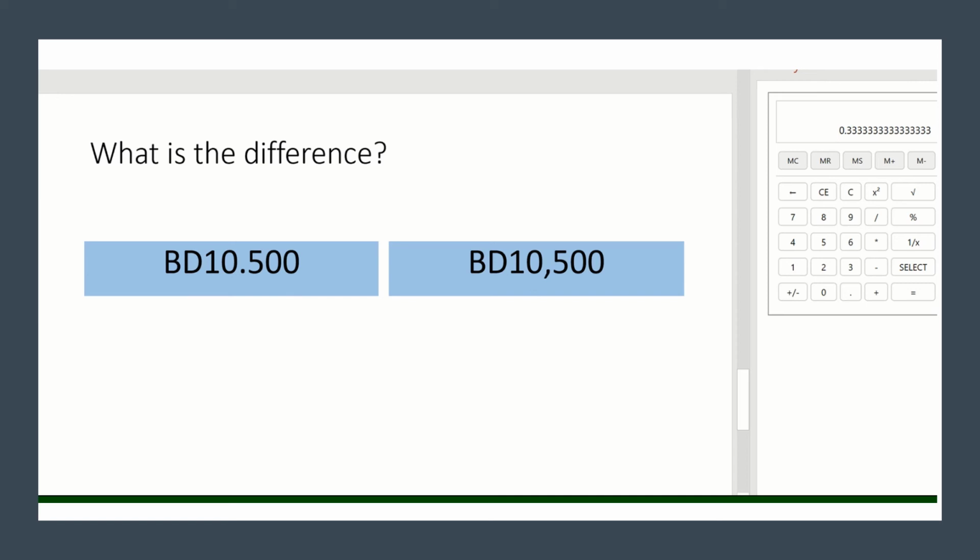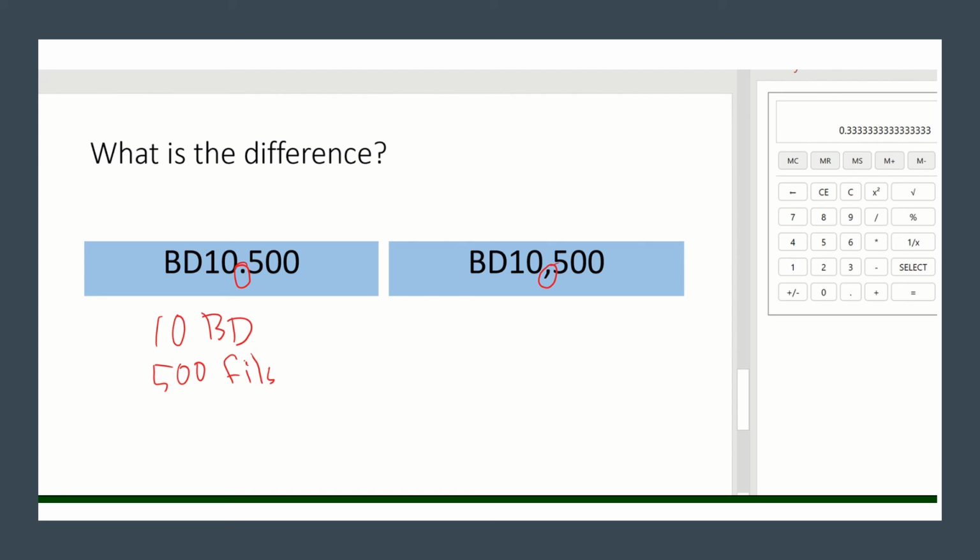Last thing is, what is the difference between these two numbers? The difference is here. There is a point, and here there is a comma. The point makes a huge difference in the number, because once we have a point in the number here, we read it as 10.500, which is 10 BD and 500 fils.